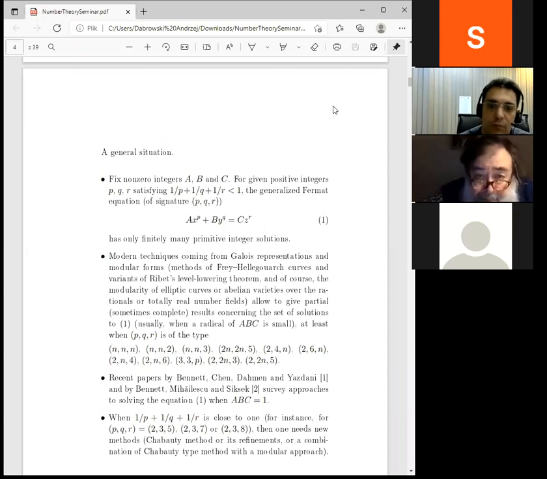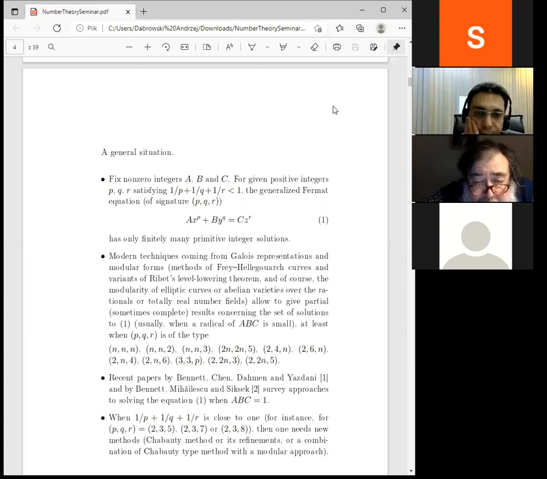Then the general Fermat equation 1 has only finitely many primitive integer solutions. So it's well known now. Of course, it's generally known that there are at most finitely many solutions, maybe no non-trivial solution.